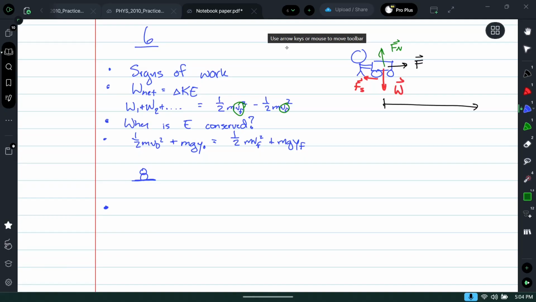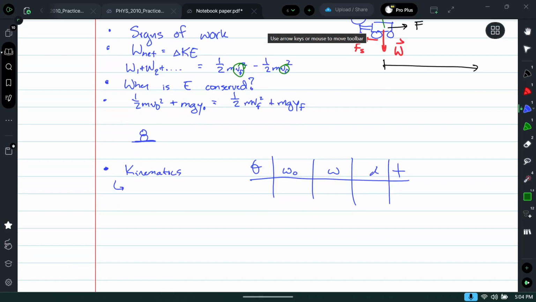For chapter 8, it is kinematics, meaning where you have to do your little table. And then given 3 things, find a fourth. A sort of subcategory of that that can mess people up when doing these problems is knowing about signs. So again, clockwise is negative, counterclockwise is positive.